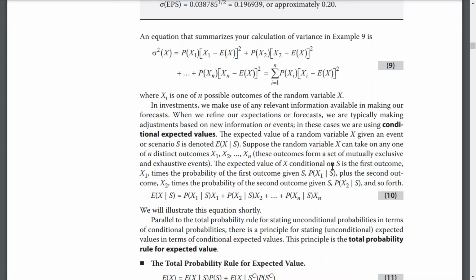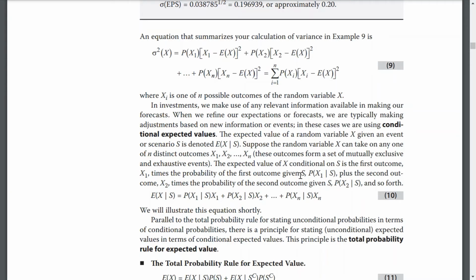The expected value of a random variable x given an event or scenario S is denoted as E(X given S). Suppose the random variable x can take on any one of n distinct outcomes, x1, x2, all the way to xn. These outcomes form a set of mutually exclusive and exhaustive events.